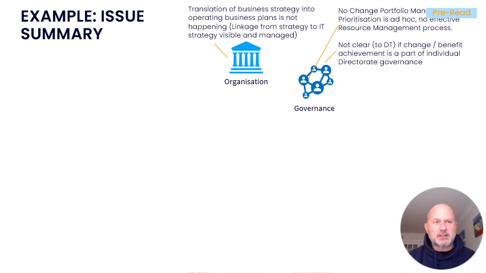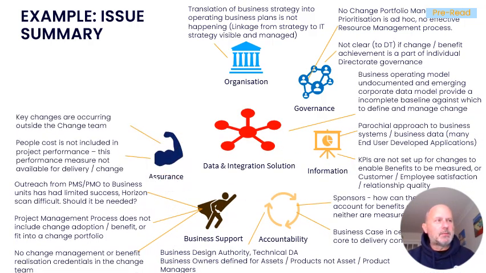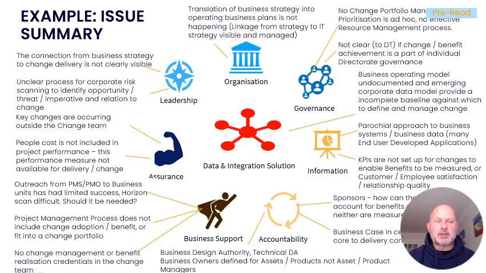So when programs are delivering, do directorates properly manage change and manage benefit? There are a whole bunch of these more. I won't go into them in this session, but you get the idea. We've used the big component structure, we've summarized what's happening, and hopefully we can use an image like this to communicate what our finding is.